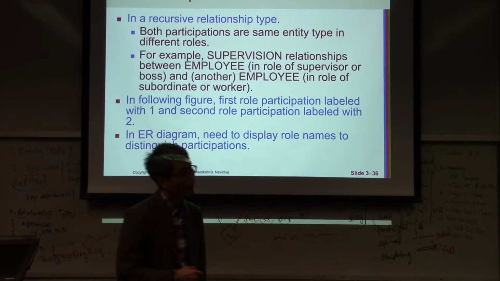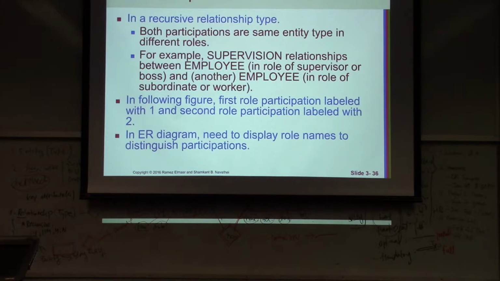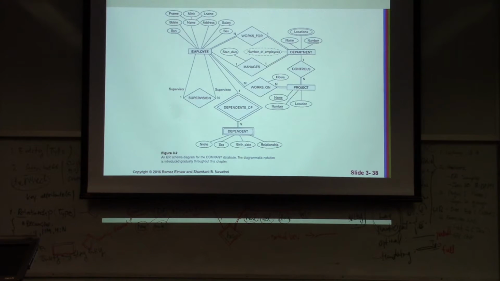A recursive relationship is physically one entity type, but logically two: employee, supervisor, employee. This is an example of recursion. Also, participation may be slightly different from what I have mostly been saying.